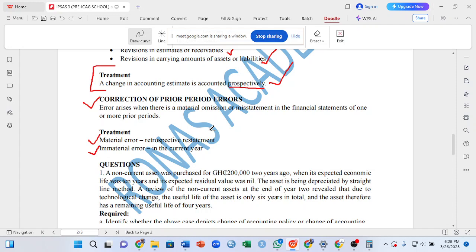And for the immaterial, is it prospective? More like the immaterial will be accounted for in the year, the current year. You can say prospective, yeah, in the current year. Okay, thank you. You're welcome.